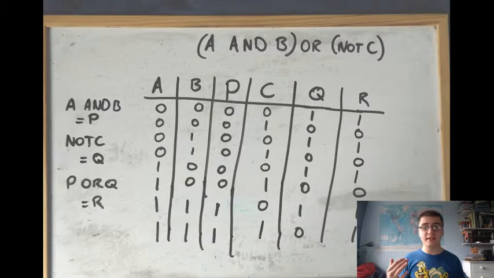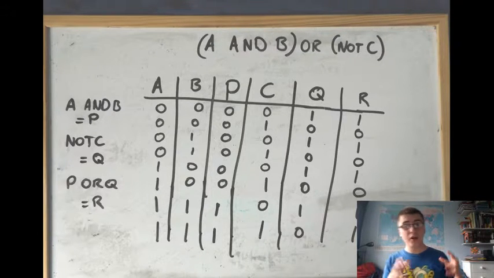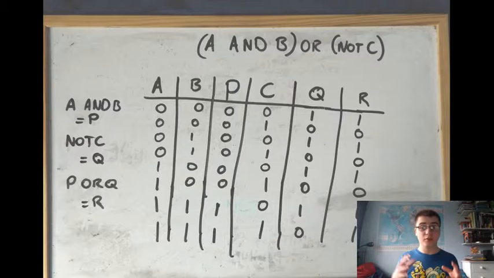So first let's just go through a couple of rows. The first one is where A, B and C are all 0. A and B, neither of them are 1, so therefore P is 0. C is 0, so therefore Q becomes 1. P or Q: Q is a 1, whereas P isn't, but that doesn't matter, because one of them is a 1, so R, the main output, is 1.